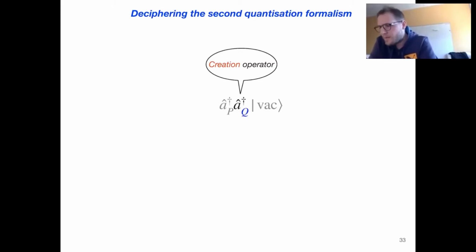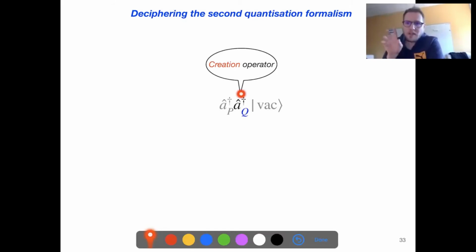So in front of the vacuum, we have this quantum operator here. If I read it, and we'll come back to this, we call it A_q dagger. This symbol here is a dagger, which means poignard in French for the French-speaking students, because it looks like a dagger.